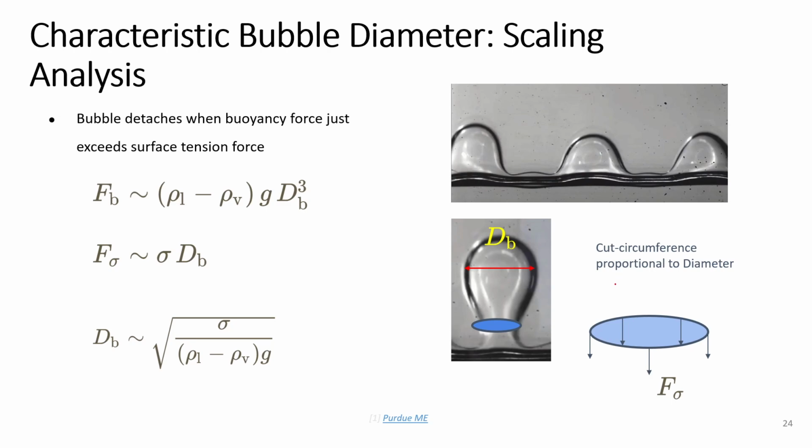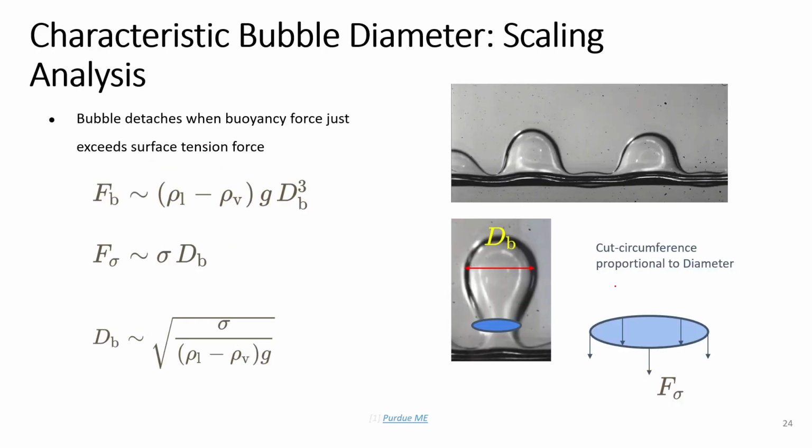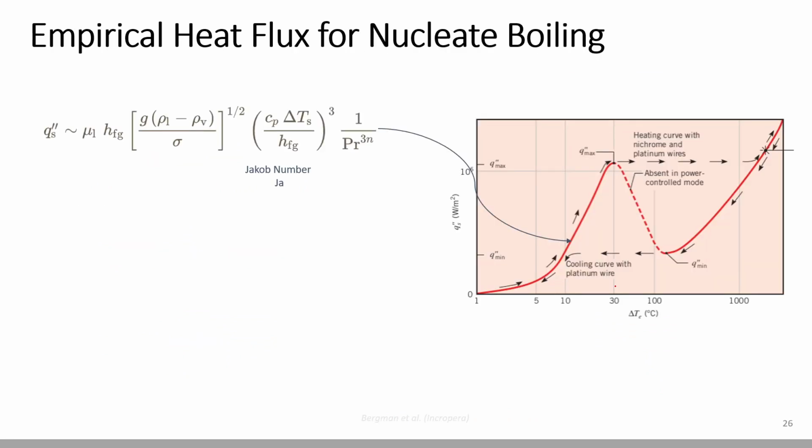Okay, so that was all for the modes of boiling. Then there are these different correlations, that is, the different formulas for the heat transfer rate in different regimes. For example, if we are in this nucleate boiling regime, we can characterize the heat flux by these empirical equations.